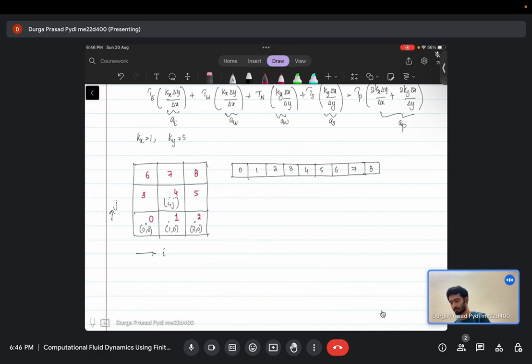This is how I am defining it. These are my k values, these are my i and j values. I want to create a mapping so that, given a k value, I know the values of i and j, and the inverse mapping. If I was given the value of i comma j, then I should be able to find k so that I can retrieve it from here. This is the mapping that I will be defining here.